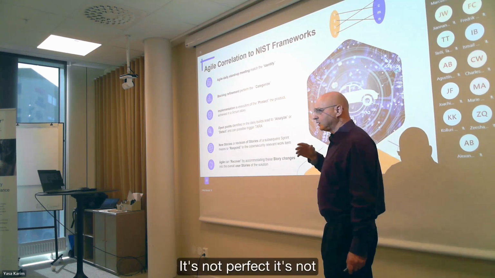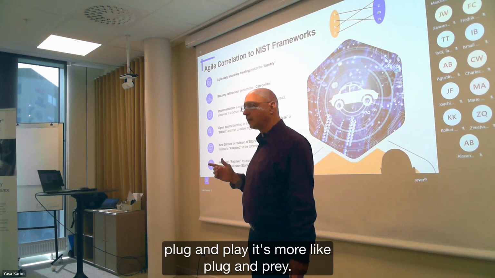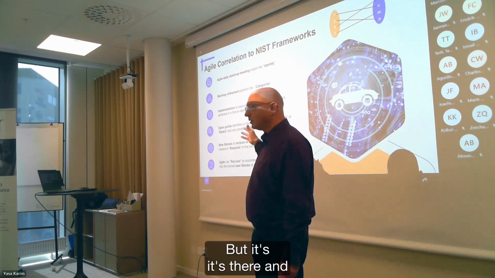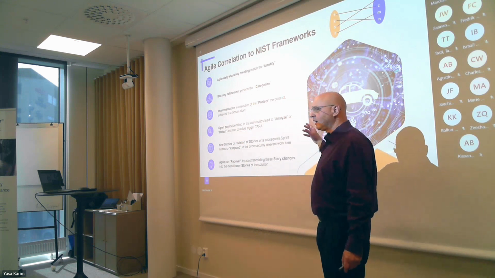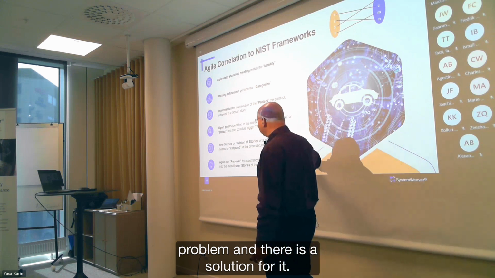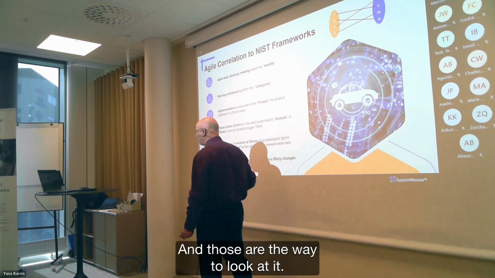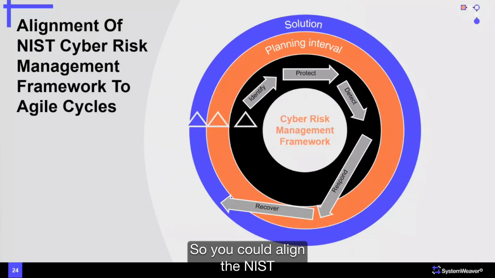It's not perfect. It's not plug and play. It's more like plug and pray, but it's there. And that means that other bodies realized and understood that there is a problem and there is a solution for it, and those are the way to look at it. So you could align the NIST with the Agile.